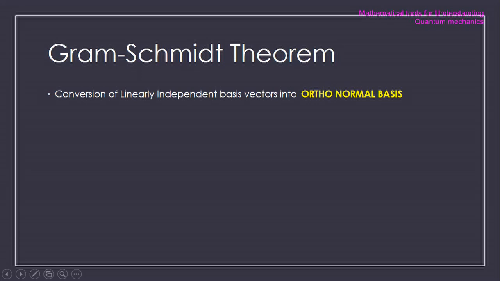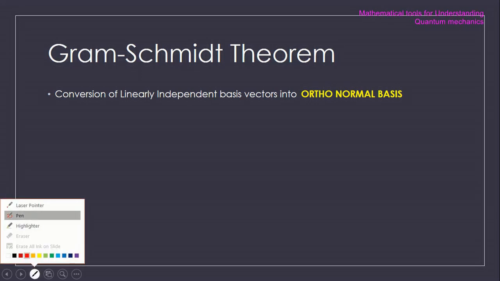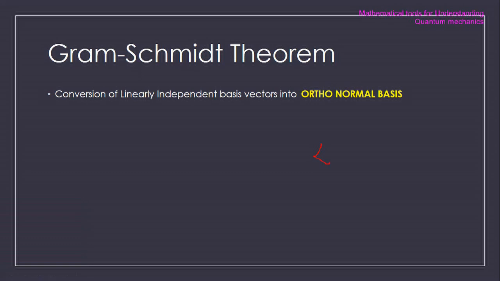For example, the scalar product of psi and phi is equal to 0. So orthogonal, and their norm is 1: the norm of psi is 1 and the norm of phi is 1.